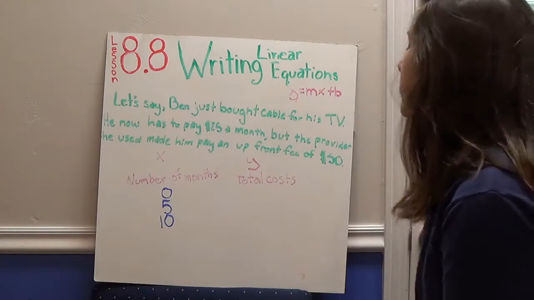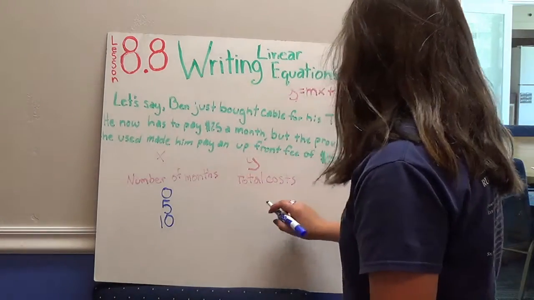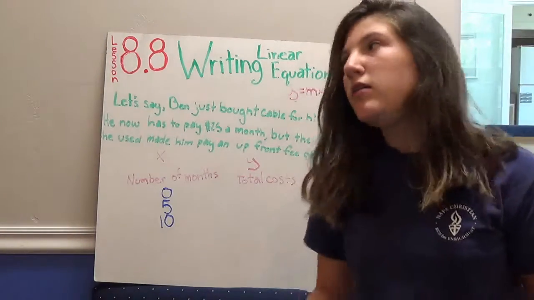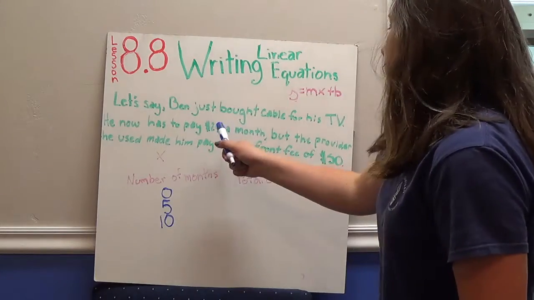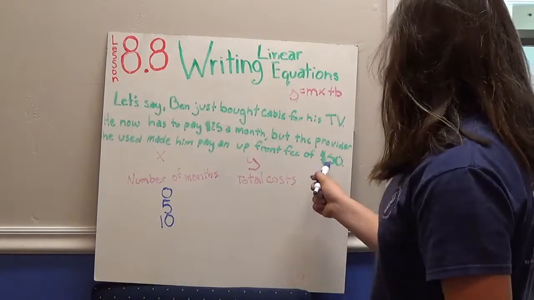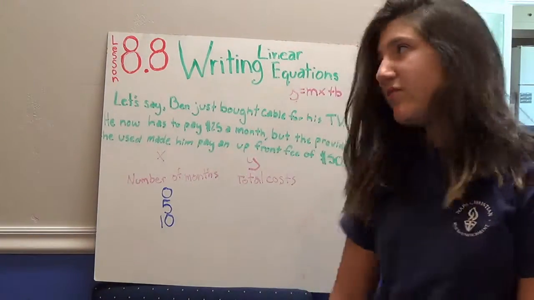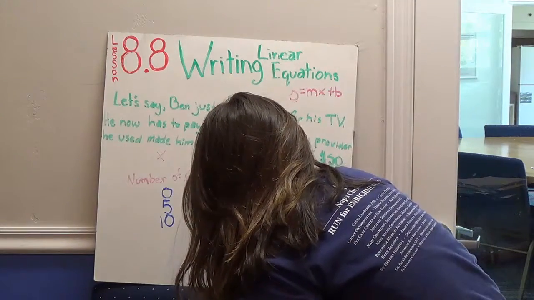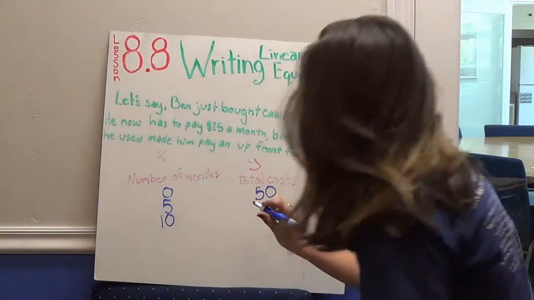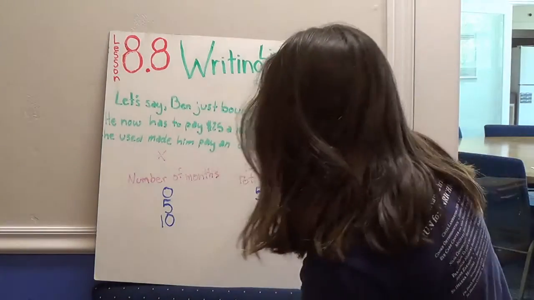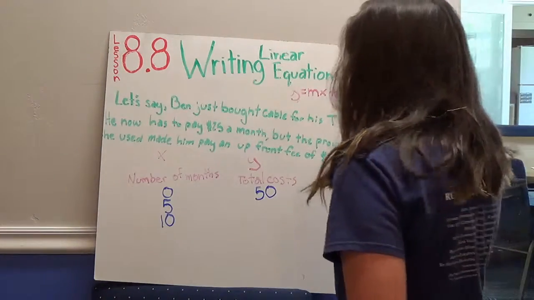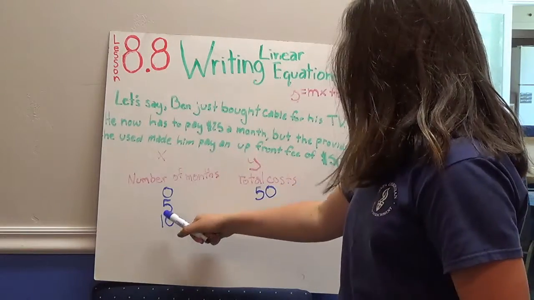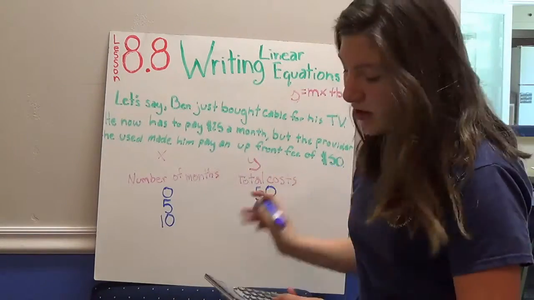And then the total cost for 0 would be 50, because he hasn't yet ended a month, so it's not $25 yet, but he still had to pay the upfront fee of 50. So there you go. You have $50 for the total cost of 0 months. And then for 5, you're going to multiply what he has to pay a month by 5 plus 50.